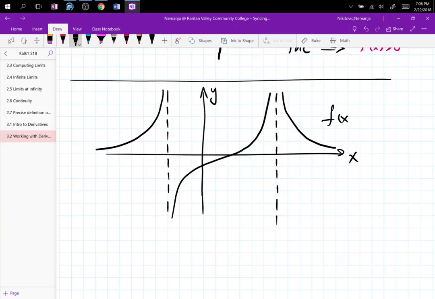So this is f of x, the black one. These asymptotes are at -3 and 6, and this intersection here is at 2, doesn't matter.